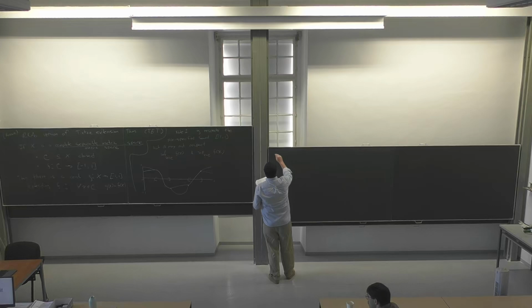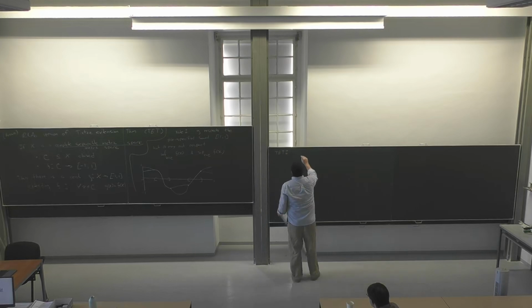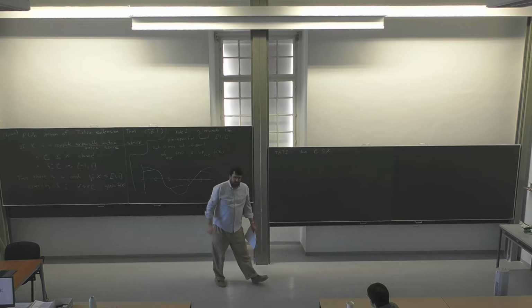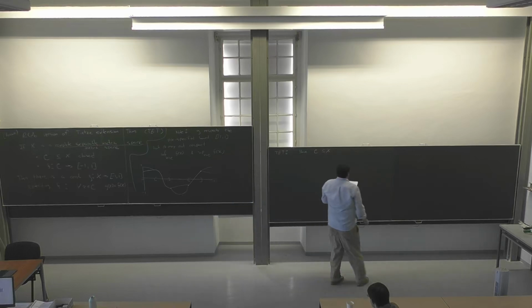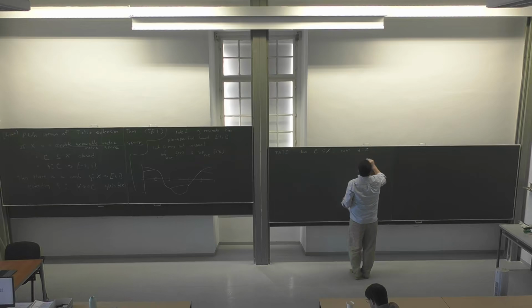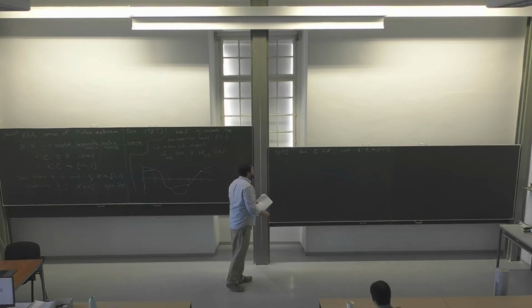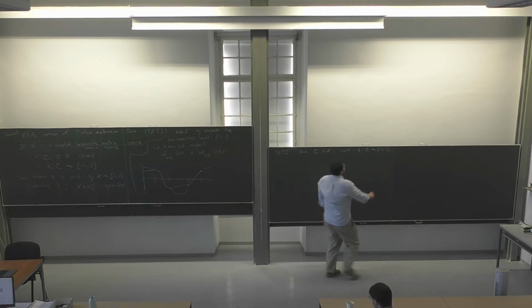Okay, so let's say we're back to the extension theorem again. So let's say I have, again, a closed subset C of a complete separable metric space X, and I have a continuous f defined on that C to this interval -1 to 1. All right.